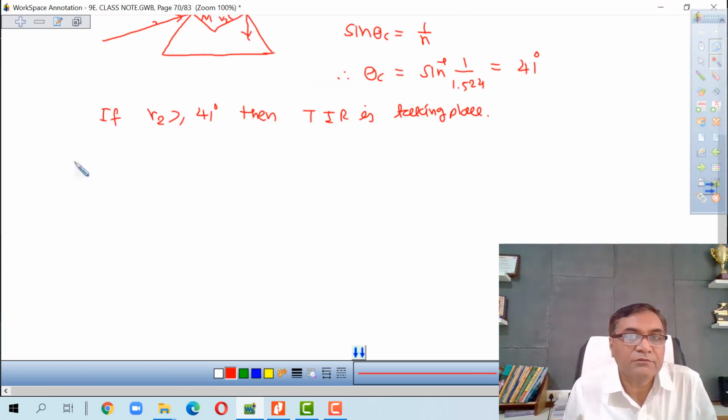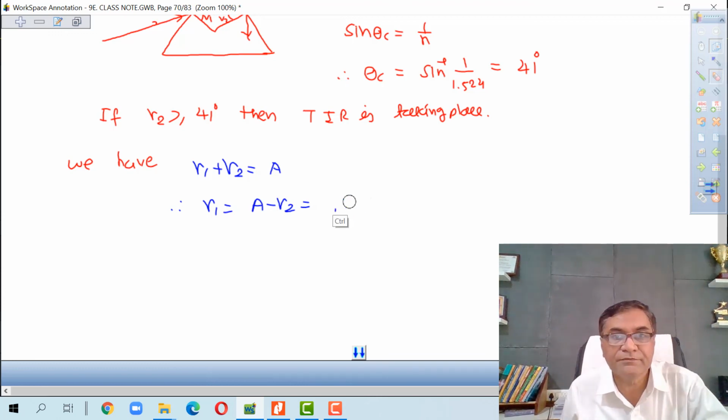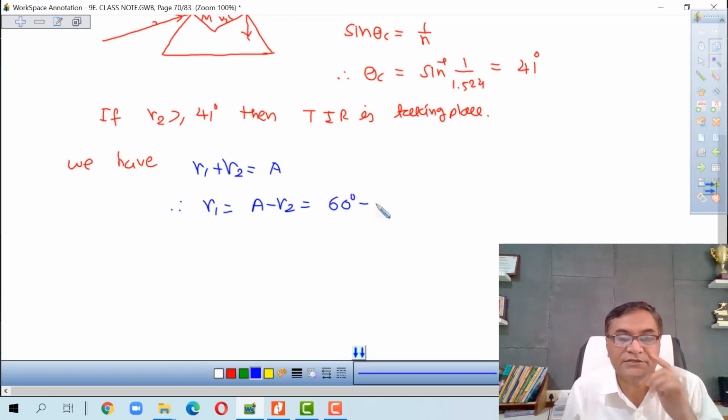Now we have R1 plus R2 is equal to A, and therefore R1 is equal to A minus R2, so 60 degrees minus 41 degrees.